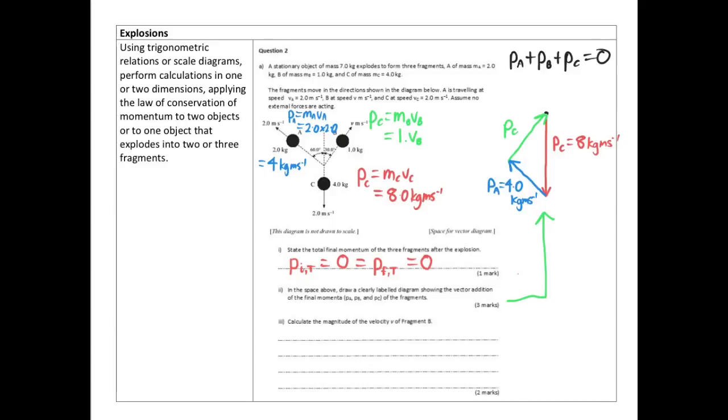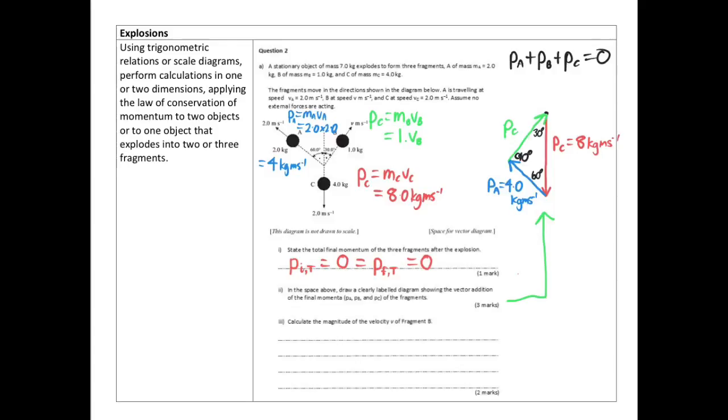Now we know from this diagram that this angle here is equal to 60 degrees. This angle here is equal to 90 degrees. That's 60 plus 30. So that angle there must be 30 degrees.